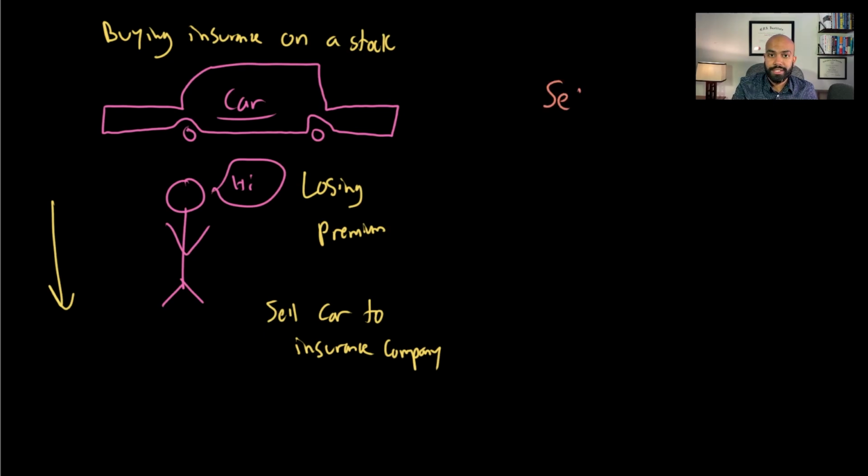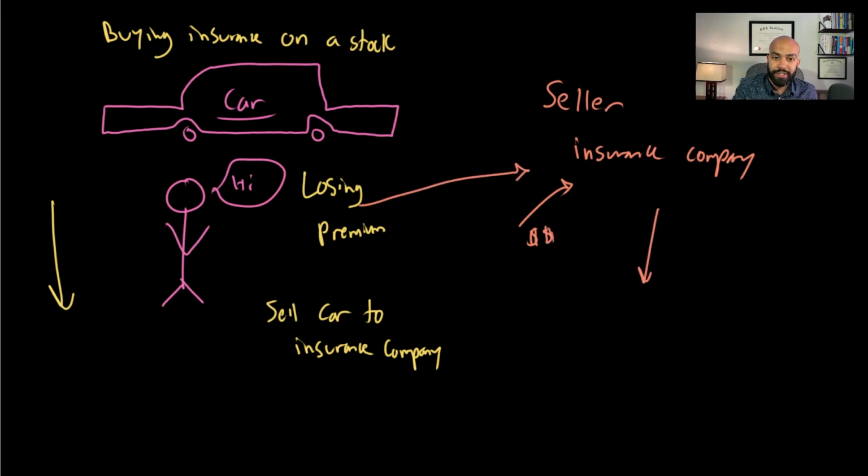Now the put seller is the insurance company. They get to collect all this premium from the people buying insurance. However, if the stock does go down, they become obligated to buy the stock.